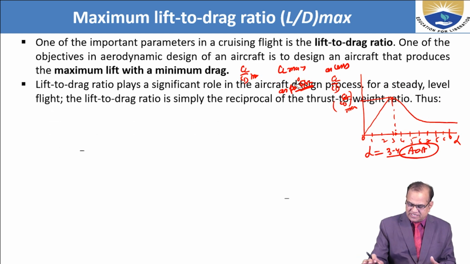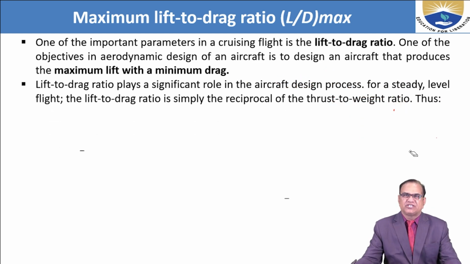Lift to drag ratio plays a significant role in the aircraft design process. For a steady level flight, the lift to drag ratio is simply the reciprocal of the thrust to weight ratio.